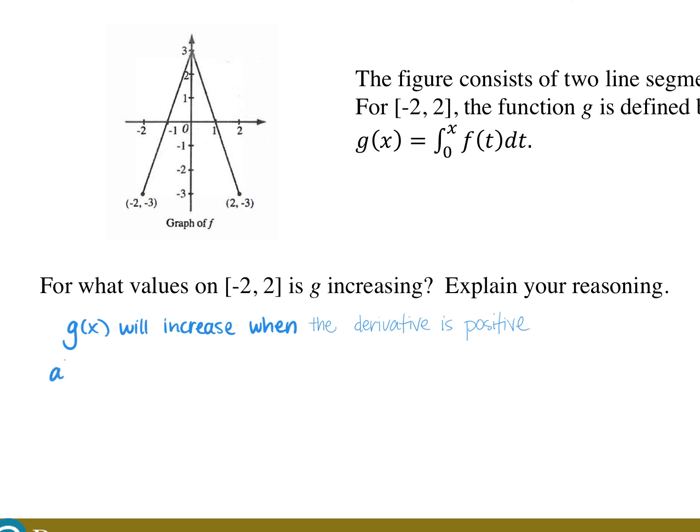In other words, AKA, G of x will increase when f of x is positive. All right, well that means we get to get our answer from the f of x graph. When is f of x positive, which simply just means it's above the x-axis? From -1 to 1.